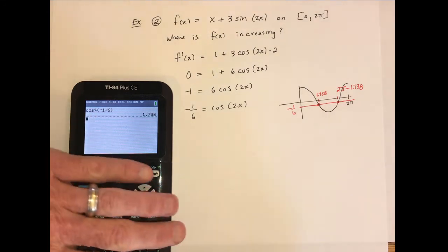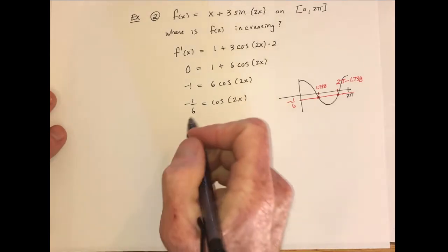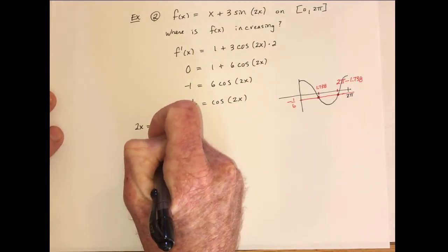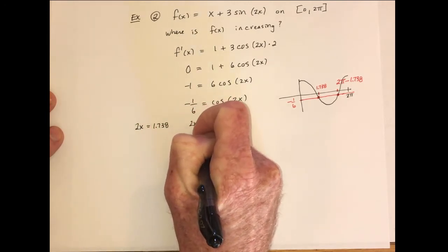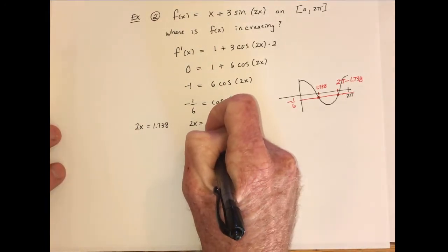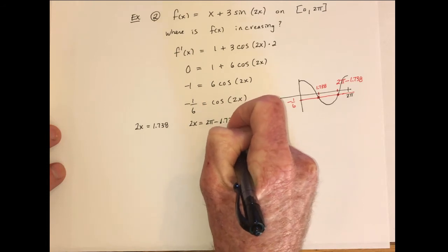Now, those aren't the final answers because this said 2x in the parentheses. So we would actually have 2x equals 1.738, and 2x equals 2 pi minus 1.738.